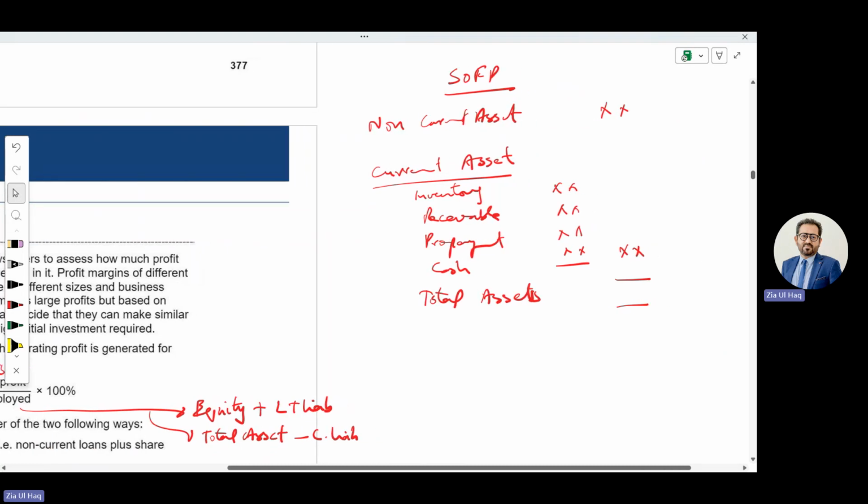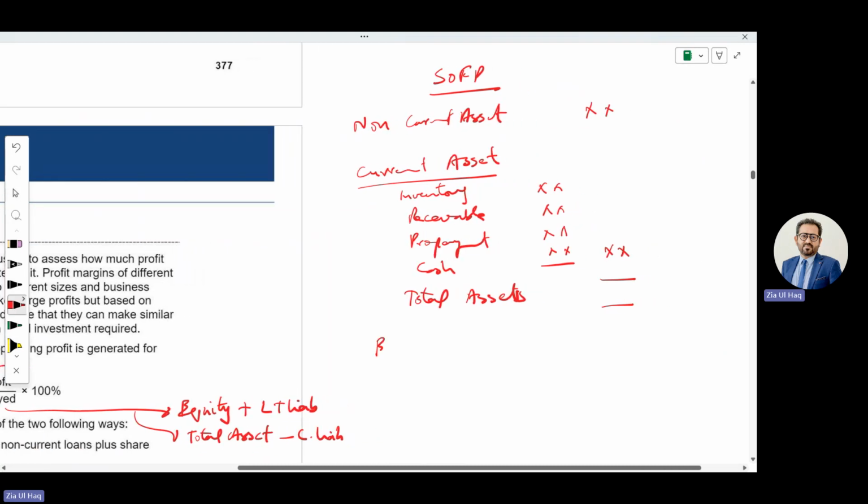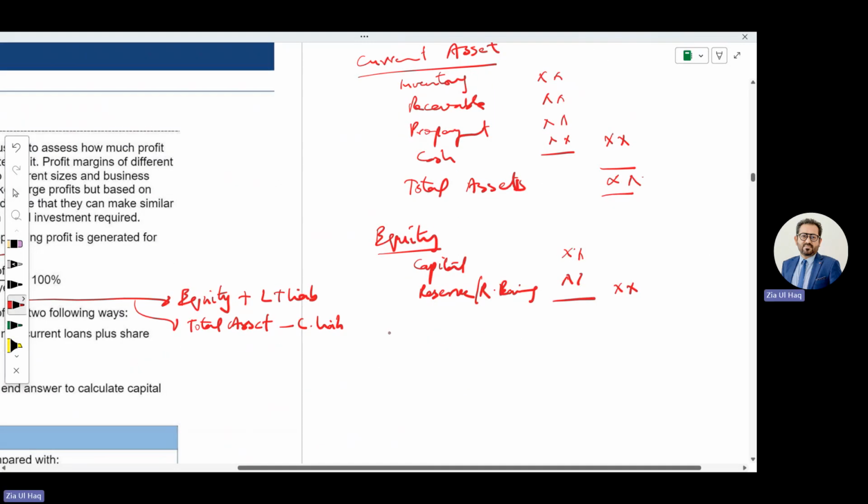Then, under total assets, we need to record equity. Equity means share capital and reserves, also called retained earnings. The profit we are earning during the year will be added to it. So we will calculate total equity. Then we need to record non-current liabilities.